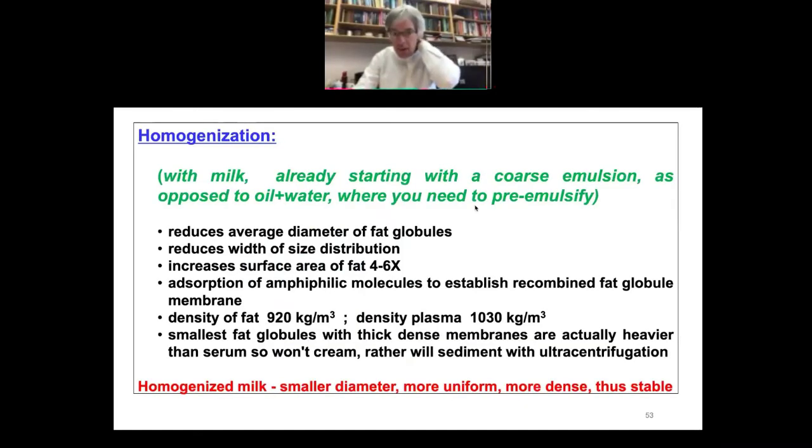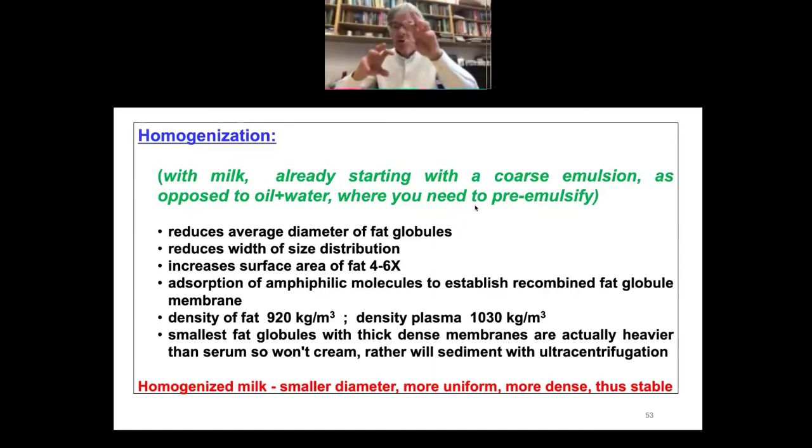Now, raw milk is not very stable, and it will cream off very quickly, for a couple of reasons. One is the larger size droplets, but the second reason is that you've got such a range of sizes.